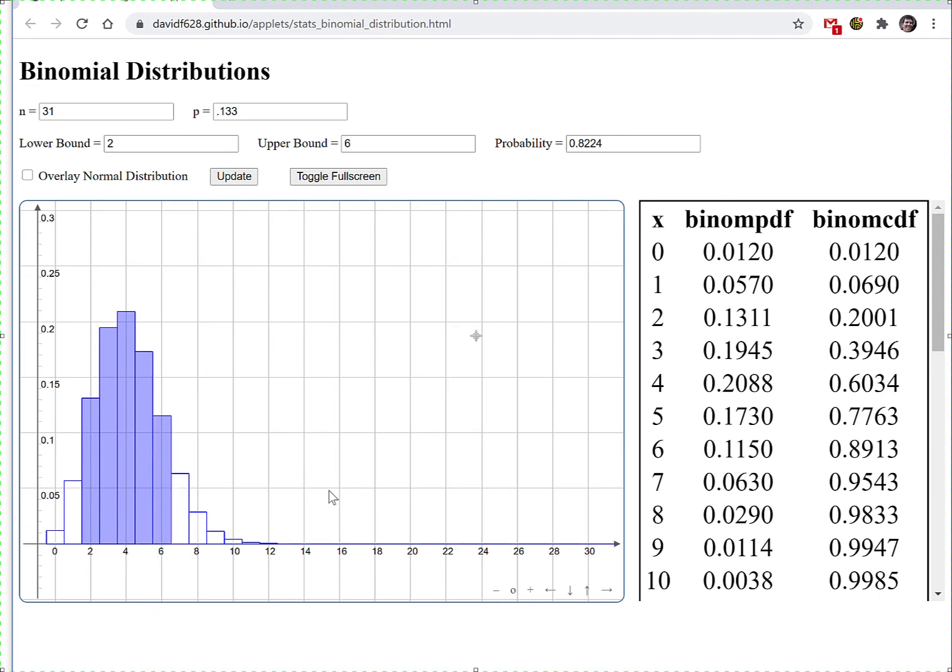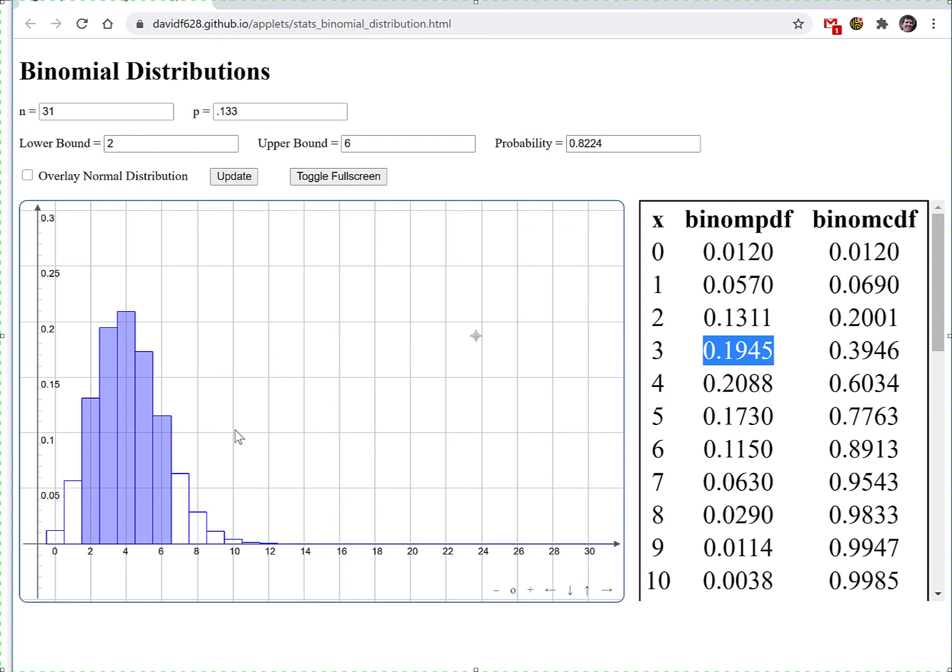We absolutely could just take binompdf with x equals 2, then 3, 4, 5, and 6, and then add those together. That would be fine. Or we could use binompdf to get the sum of these first two here, and then binomcdf up to this point, and then take a complement to get these here, and then do another complement.